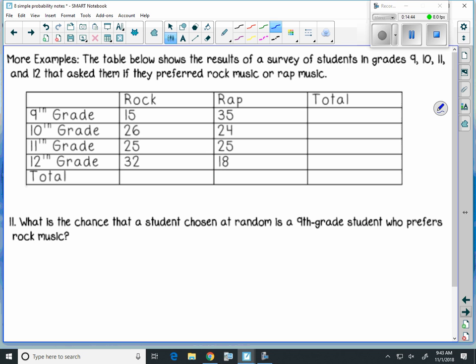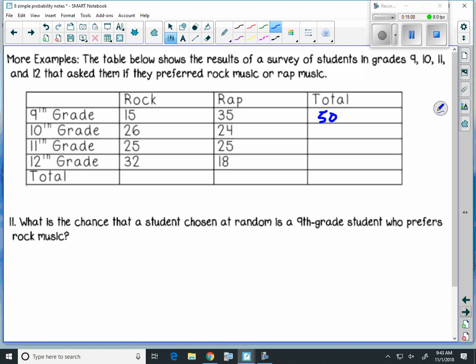The table below shows the results of a survey of students in grades 9, 10, 11, and 12. And they were asked if they prefer rock music or rap music. So if we look, how many total students are there in ninth grade? 50, because we take 15 plus 35.